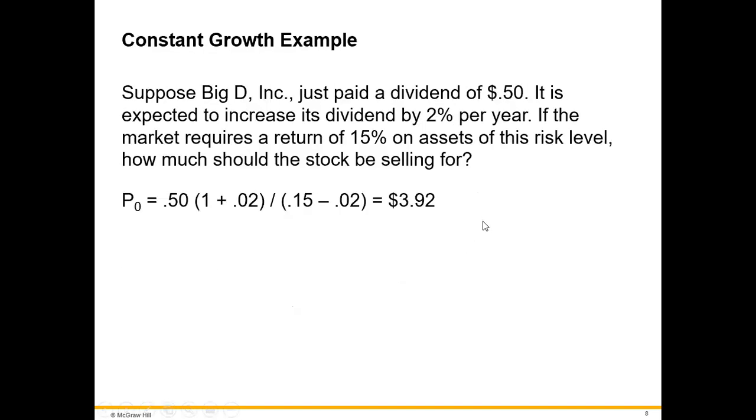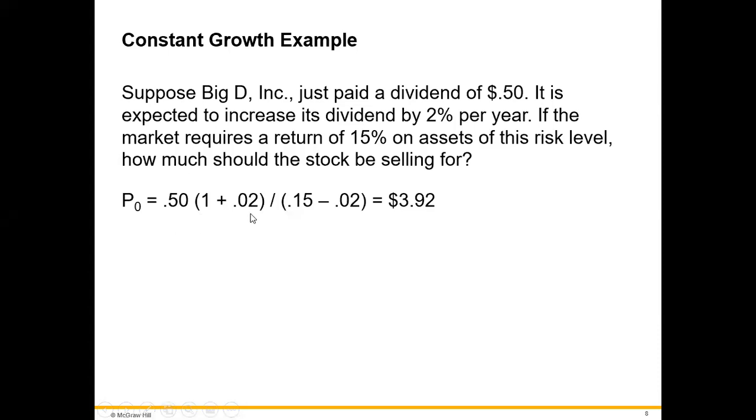Let's take a look. Suppose Big D just paid a dividend of 50 cents. So there's your dividend at time 0. It is expected to increase its dividends by 2% per year forever. If the market requires a return of 15% on assets of this risk level, so there's your rate of return, how much should the stock be selling for? Take this year's dividend at time 0, grow it by 2%.